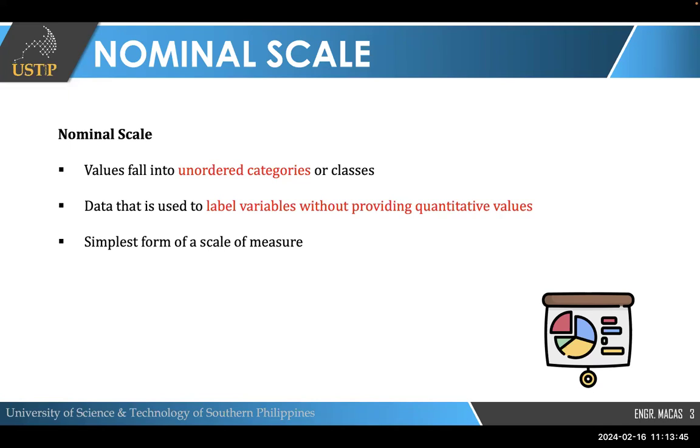It doesn't matter, okay? So it is data that is used to label variables without providing quantitative value. In this type of data class, it could be qualitative and quantitative. The idea lang sa quantitative is it uses numbers, pero kaning mga numbers wala siya bearing or wala siya value. Okay? So this is the simplest form of a scale of measure.